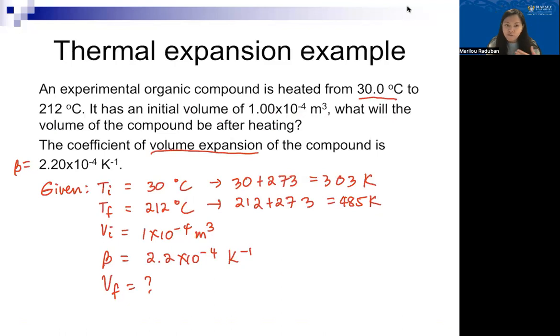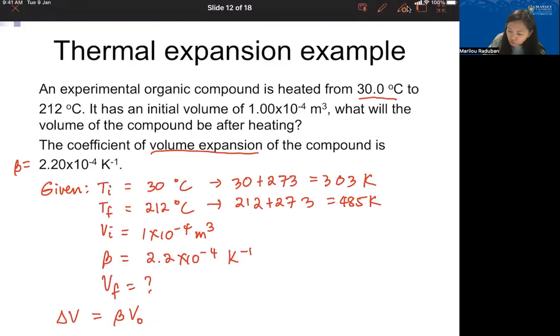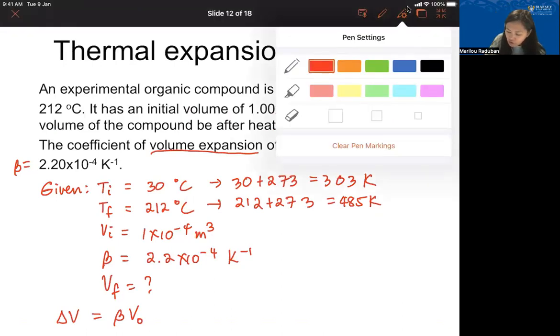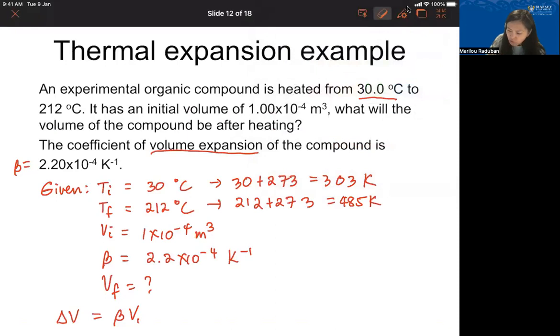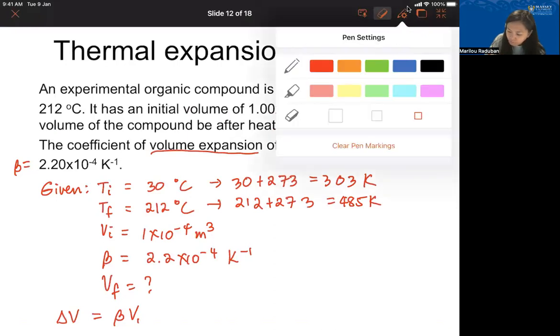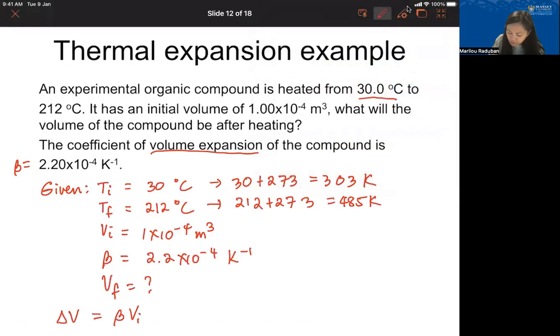Alternatively, if you forgot to convert your temperatures to Kelvin, notice the equation: the change in volume is equal to the coefficient of volume expansion times the original volume, I'll use V I just to be consistent because that's what we used, times the change in temperature.